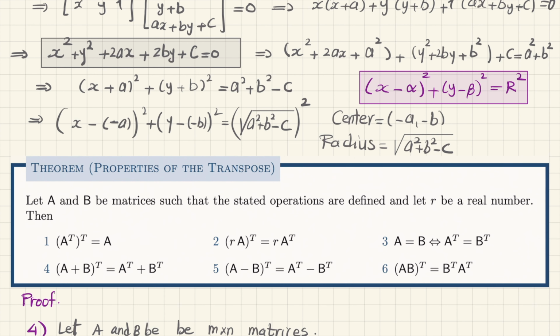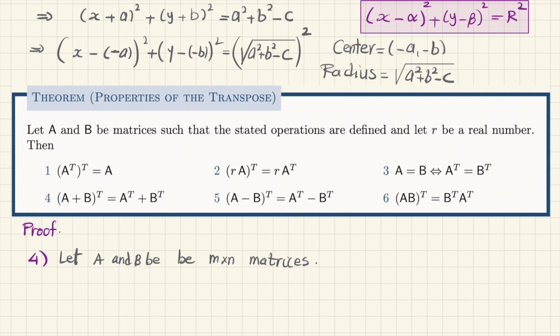But we need to consider the entries. Okay, so how should I consider the entries? I would say that for (A plus B) transpose, for example, let us consider the ijth entry. So what can I write? According to the definition, I can write the jith entry of this matrix.